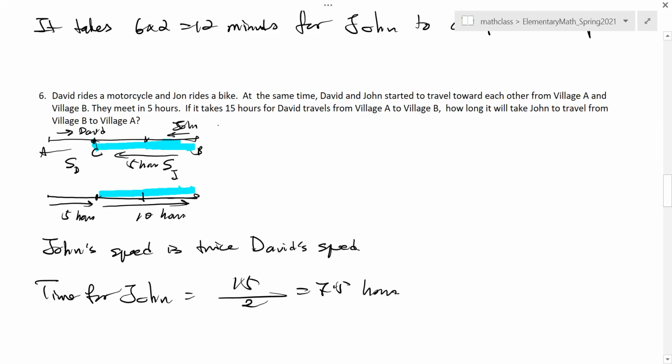That is how we do the problem. If you know the relationship between their speeds, then you can figure out how much time it takes for John.